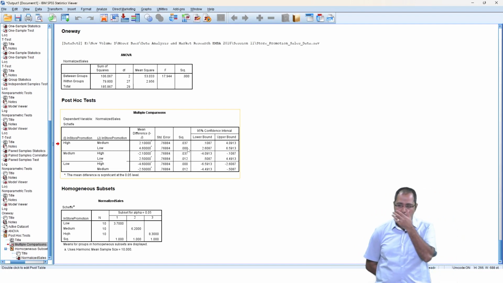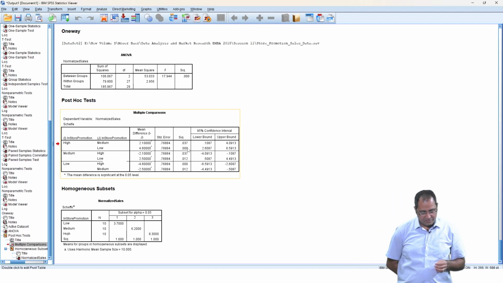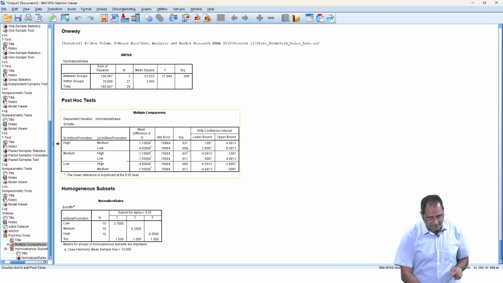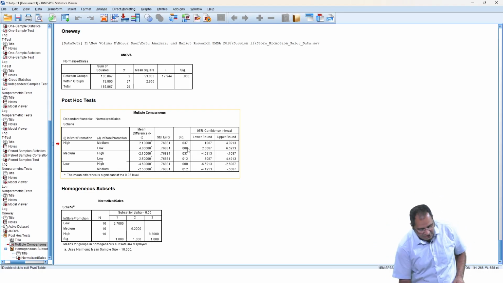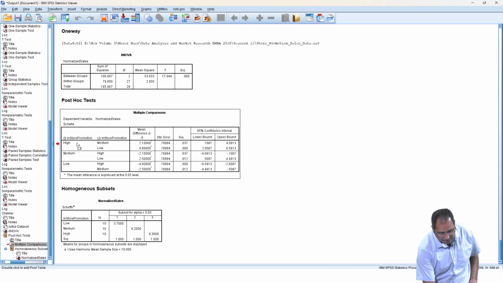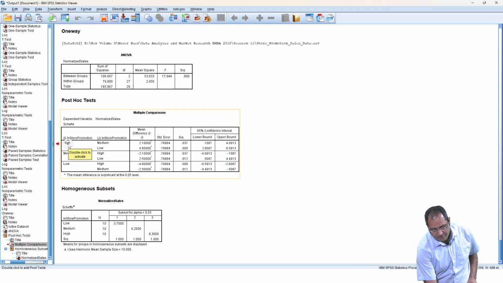Can you explain once again the high and low comparison? When you are looking at this particular row, high and medium, you are looking at the difference between high and medium. You are conducting an independent sample t-test between these two groups. If you are looking at low, then you are conducting a test between high and low. This row is between high and low.